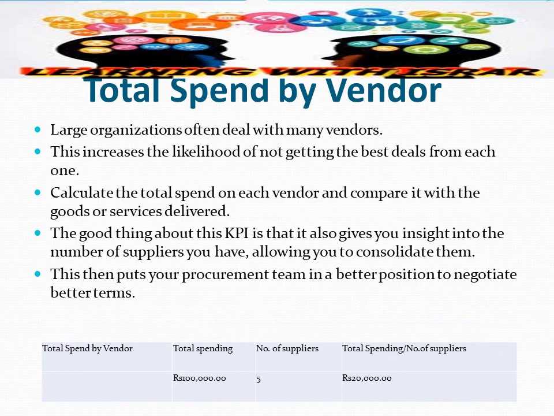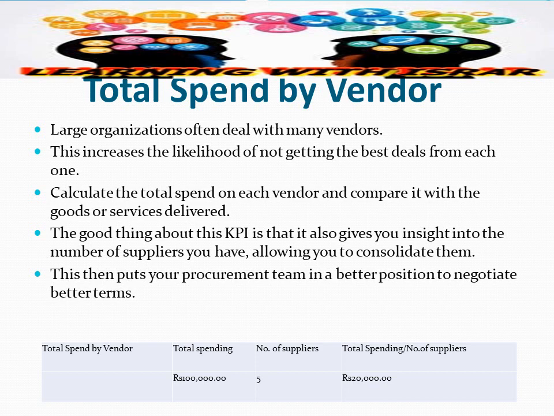Okay, then another KPI is total spend by the vendor. At the end of the year, at the end of the financial period, we calculate how much we spend with each vendor. Because larger organizations often deal with many vendors, this increases the likelihood of not getting the best deals from each one.